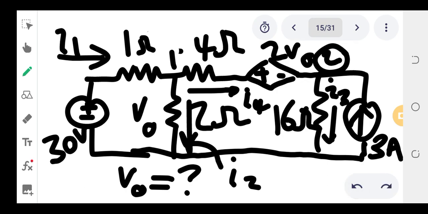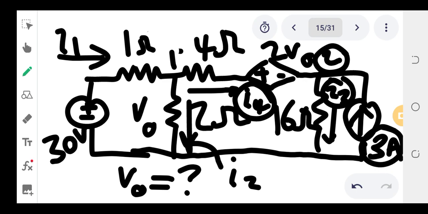So at node 2, we have this current entering. I4 is entering. This I3 is leaving. Then this 3 ohm resistor from the current source is entering. So two currents are entering, which is I4 and the 3 amp. The 3 amps is entering. Then one current is leaving.